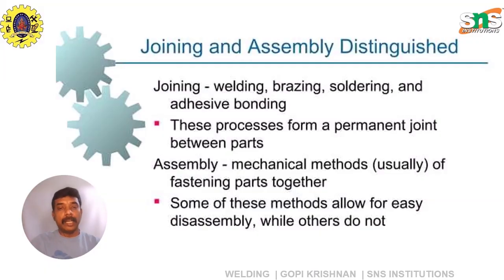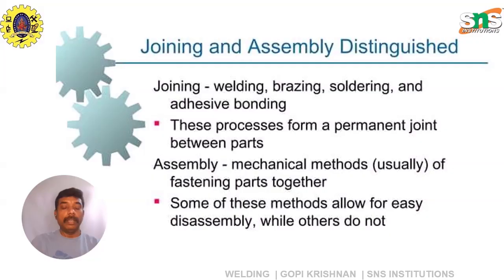When two parts are joined together, we need to form a permanent joint between the parts, and permanent joints can only be made by the joining process. Whereas assembly is the fastening of different parts together by means of mechanical methods.